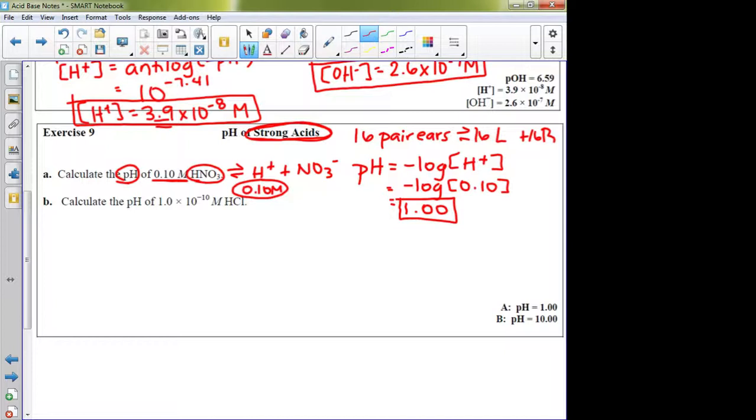All right. B says calculate the pH of a 1.0 times 10 to the negative 10th molar solution of HCl. What do I know about HCl? It's a strong acid. Since it's a strong acid, what is it going to do? Completely dissociate into your H+ and your Cl-.